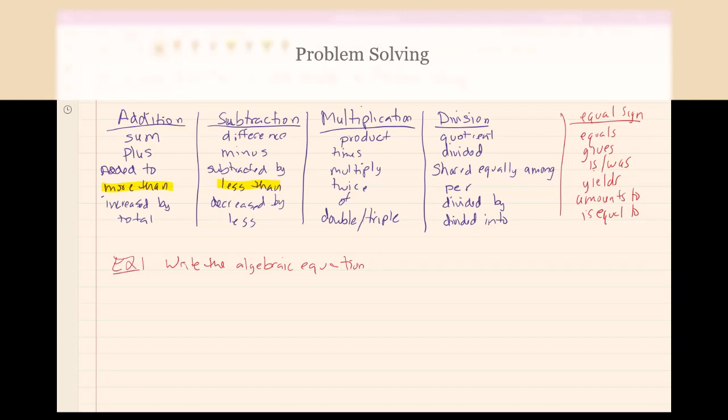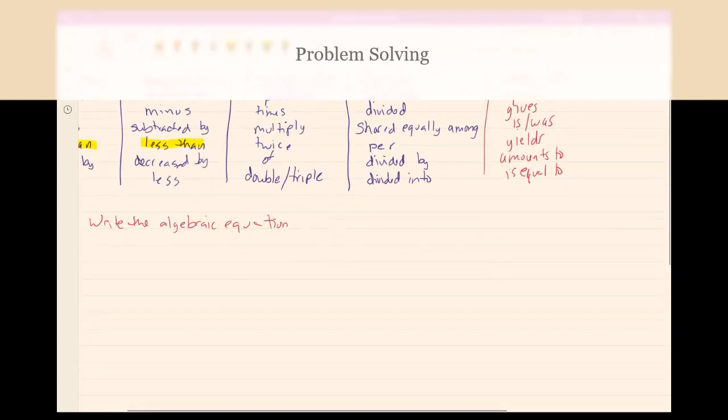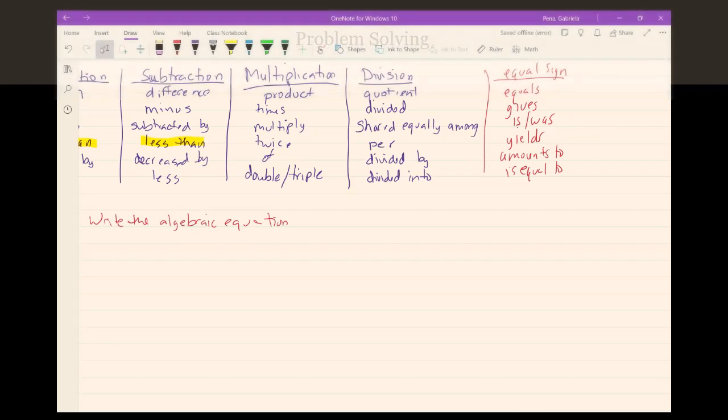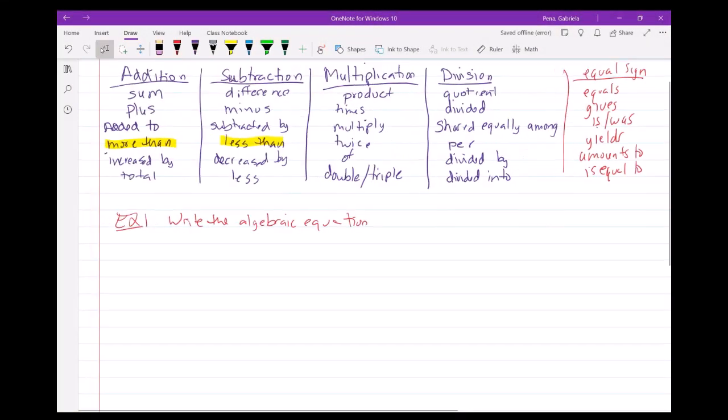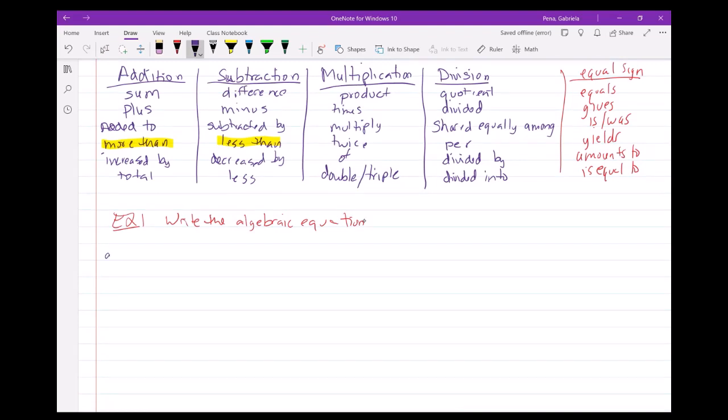So we're going to continue to do what we were doing in the previous one. For the first one, let's say that I have 20 increased by a number is 5.